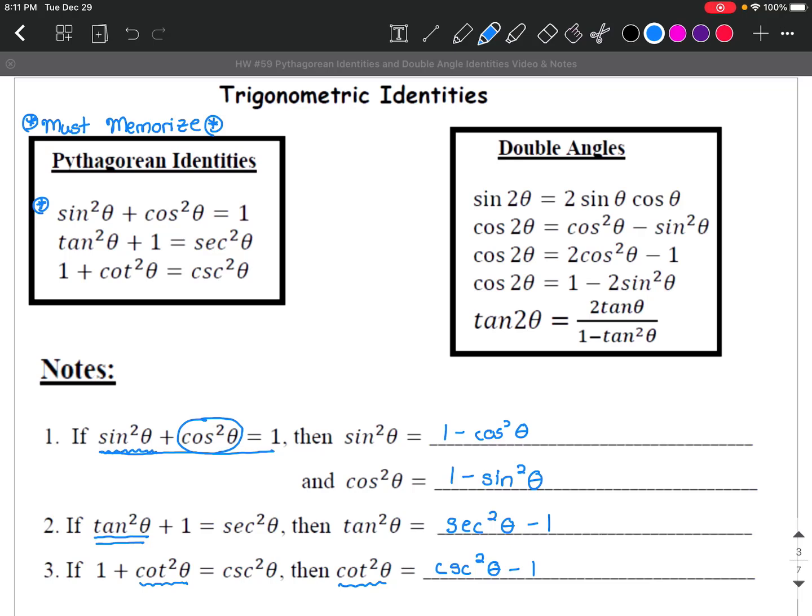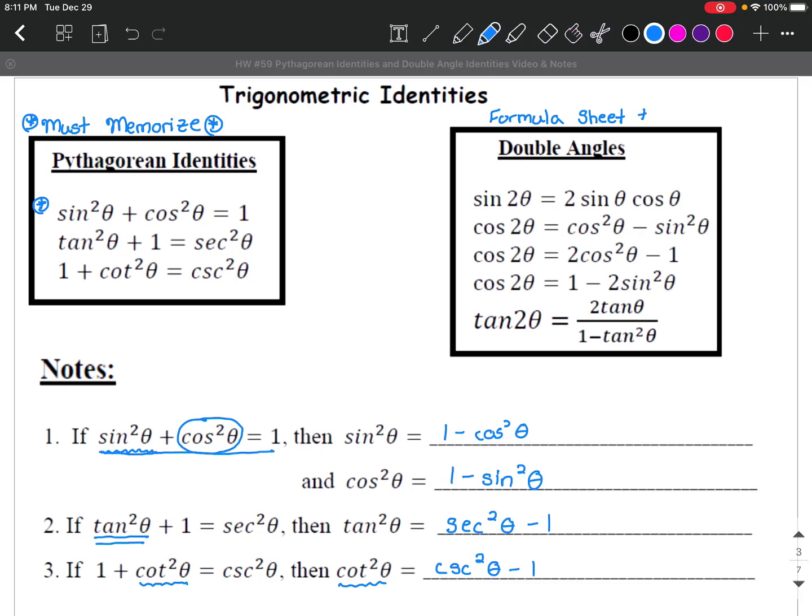So these are also identities that we have to keep in mind, okay? Now, not only that, there are some more identities that you may have seen hiding up there, the double angles, okay? These will actually be given to you on a formula sheet, okay?